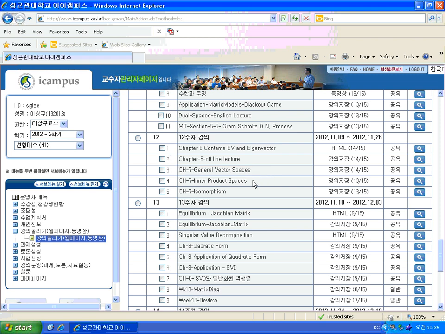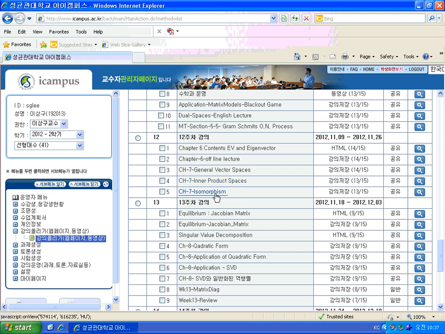One of the important parts of chapter 7 was the inner product space, which is an example of a vector space that has an inner product in it. If any inner product can be defined on a given vector space, then it is called an inner product space.